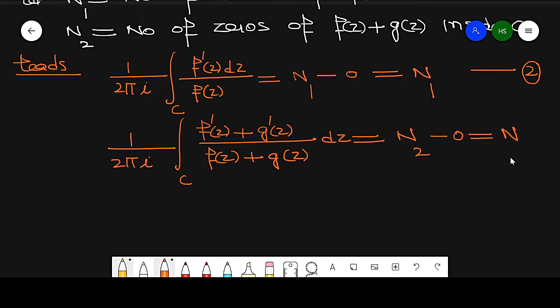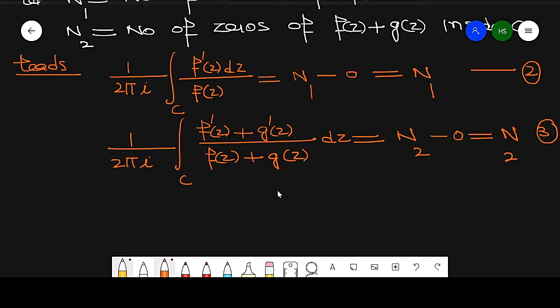So this is again n2. So I write it as equation number 3. So by using that result, I get the values of n1 and n2 in terms of integrations.